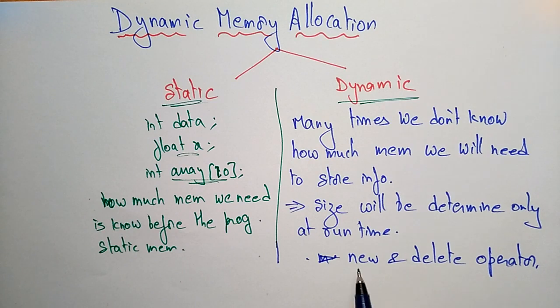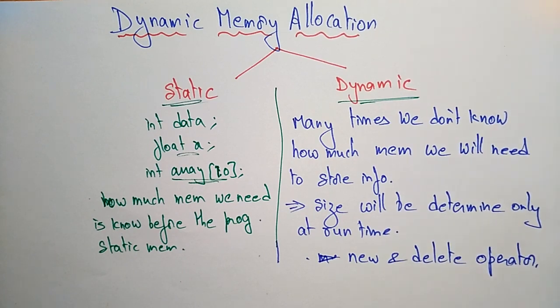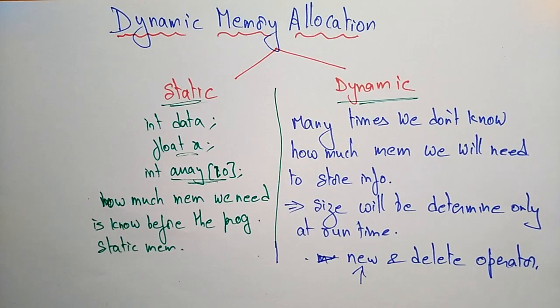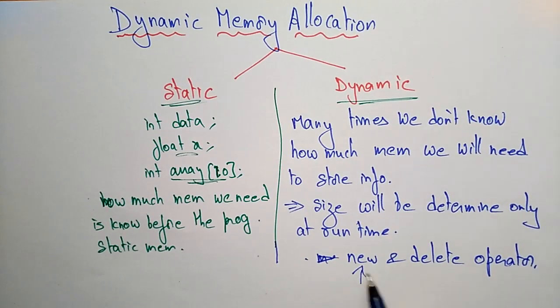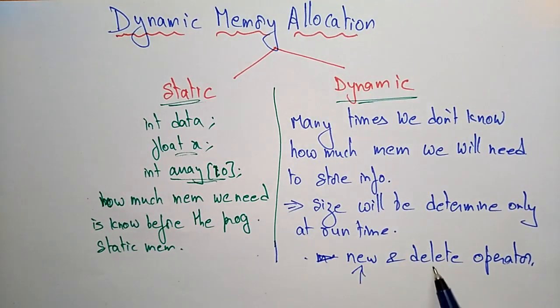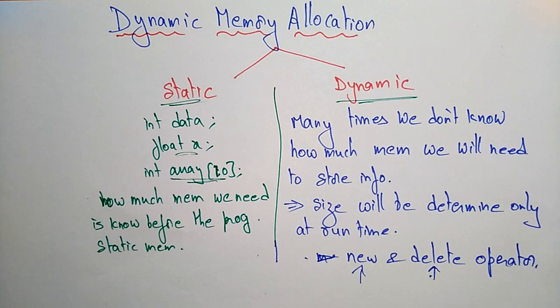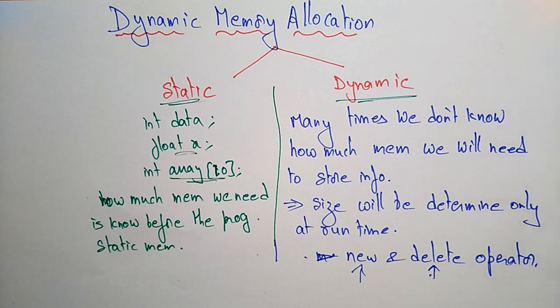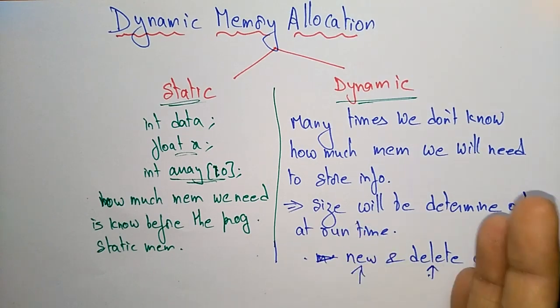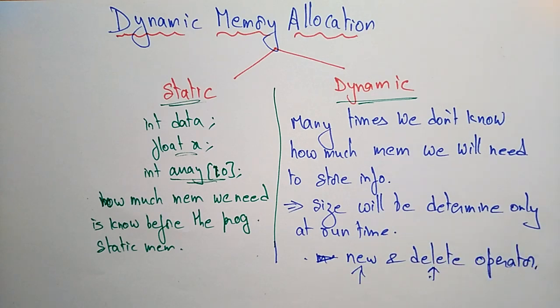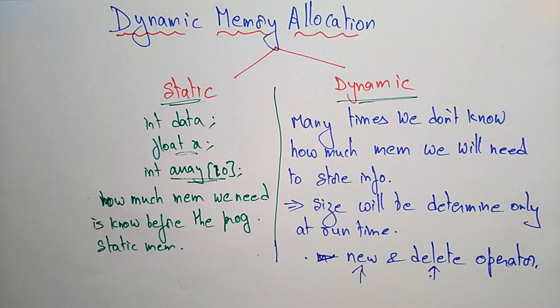Whenever you want memory to be allocated to the variables, the new operator is used. New is used to allocate the memory, whereas after the completion of the operation you use the delete operator, so that the memory becomes free and the next data can occupy that memory space. So after the completion of the program, use the delete operator, and the space will be freed by it. New creates a memory and returns a memory address to a pointer.